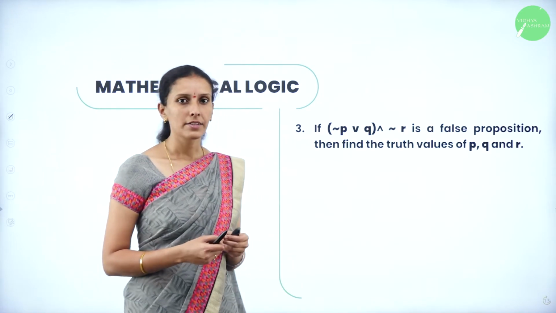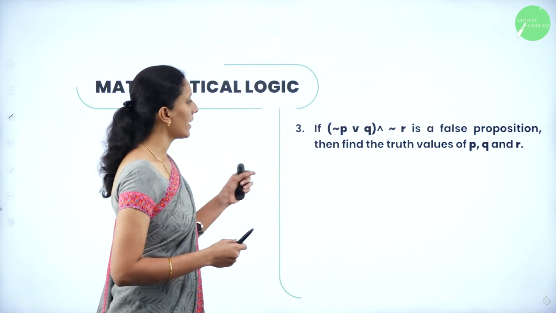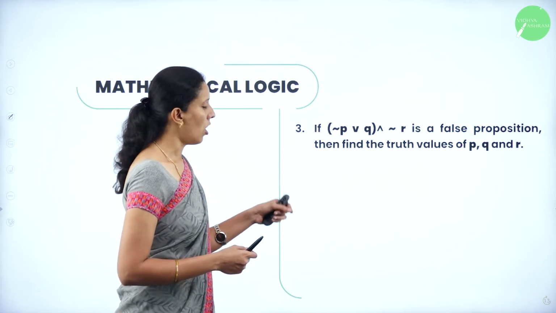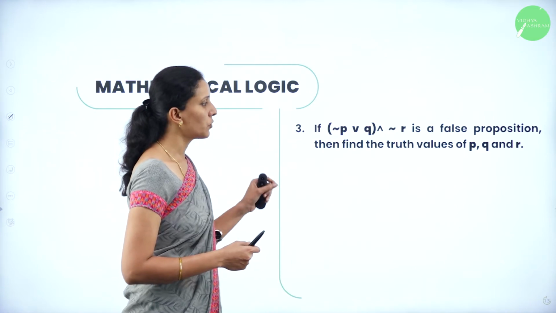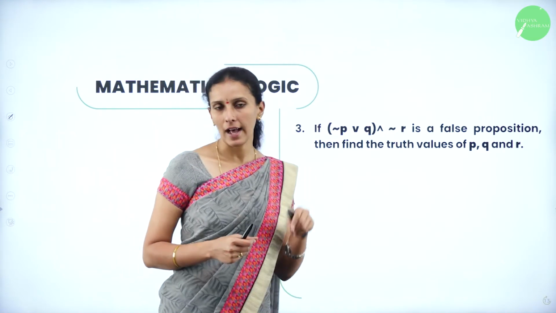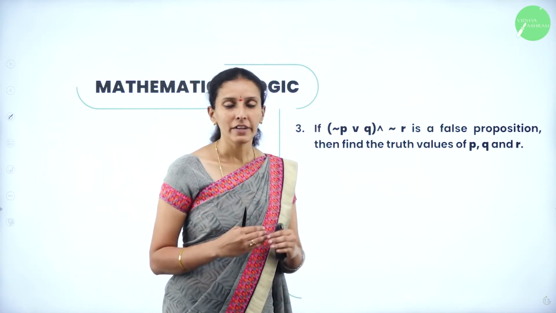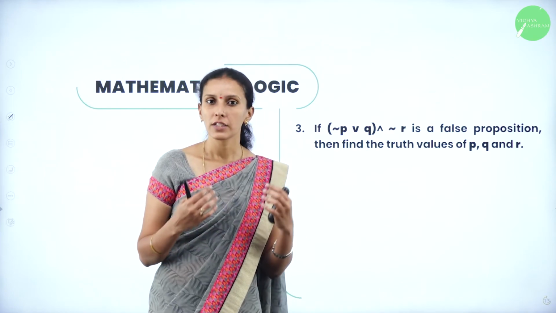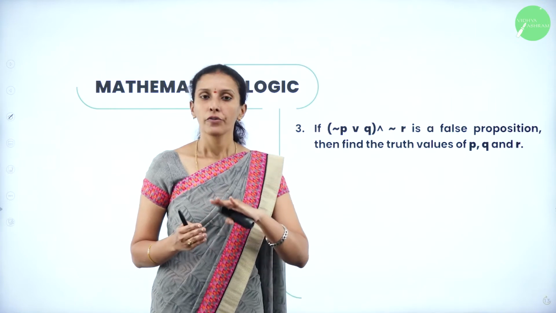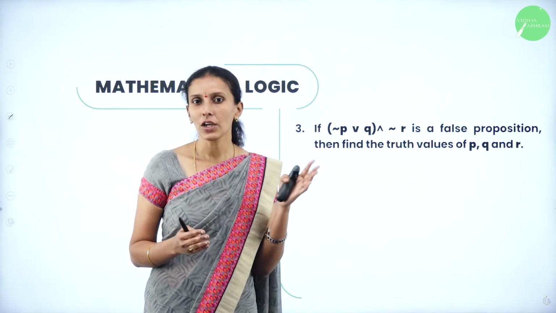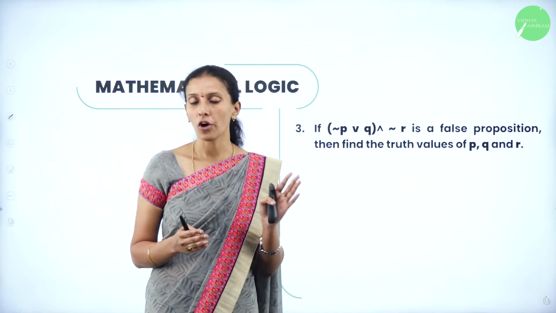Next question. If negation P and Q or negation R is a false proposition, then find the truth values of P, Q and R. So here, previously, the truth values of simple propositions P, Q and R were given. We were supposed to calculate whether the logical connective is true or false.